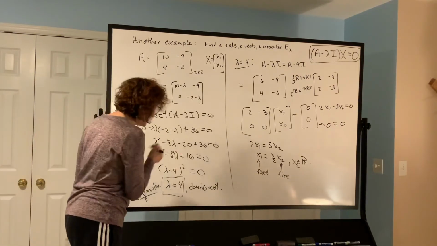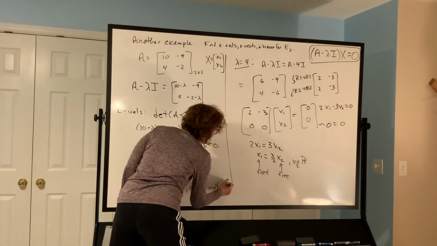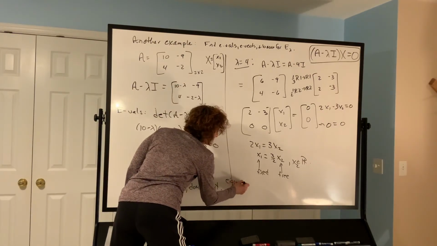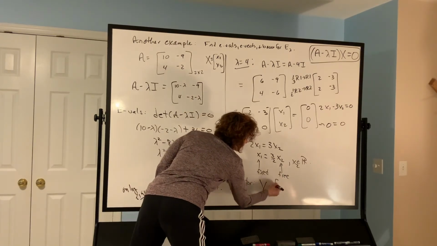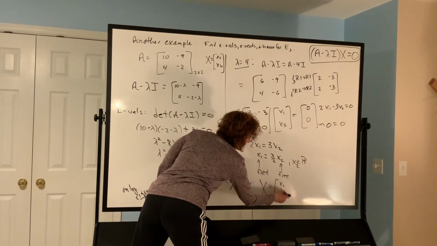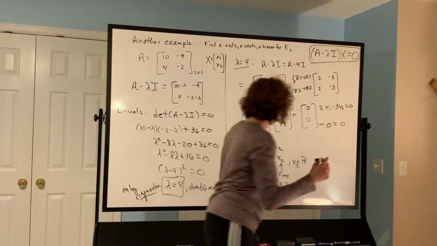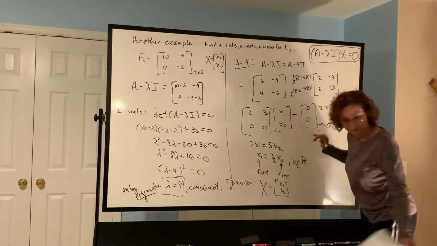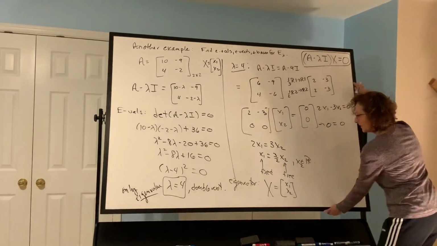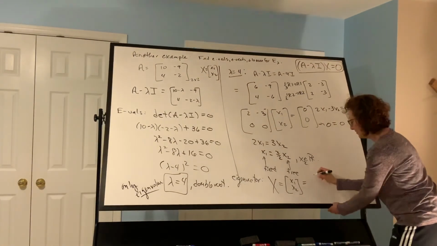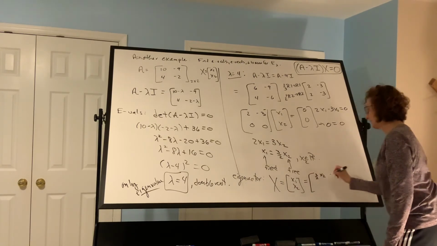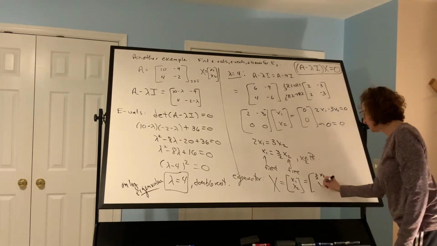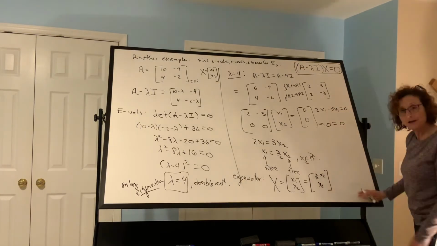So what is our eigenvector that goes along with this eigenvalue? The eigenvector x looks like x1, x2. Well, what is x1? x1 is 3 halves x2. What is x2? Itself, yeah?